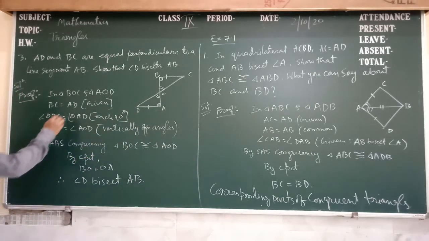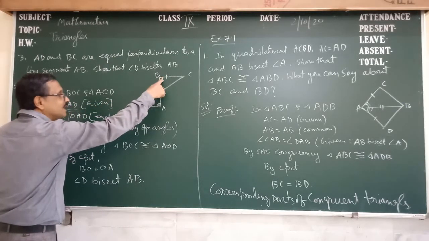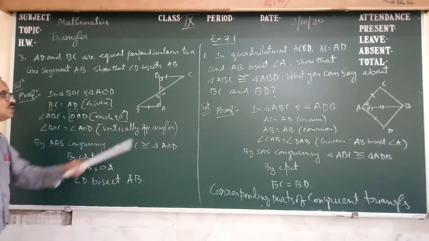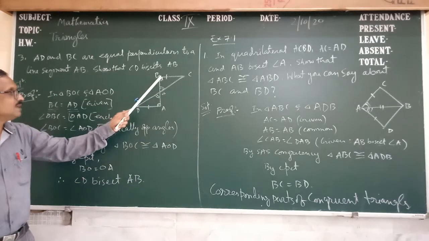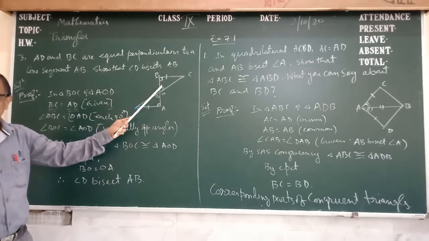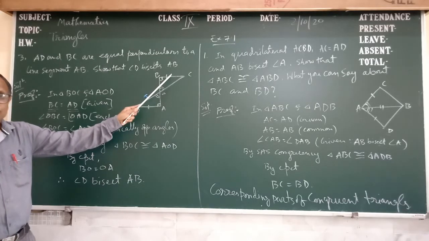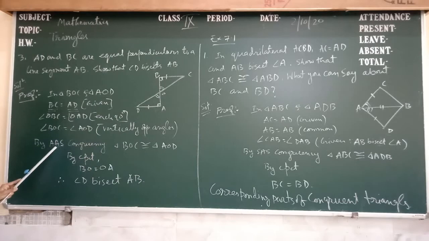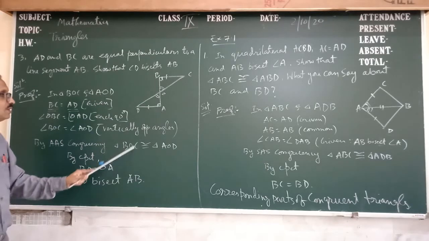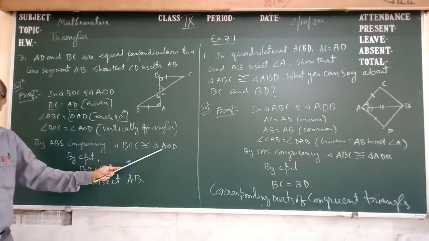We have considered here BC. So BC, this angle and this angle. That means this is not the included side. So as it is not included, this will be angle angle side congruency. So by AAS congruency, triangle BOC is congruent to triangle AOD.